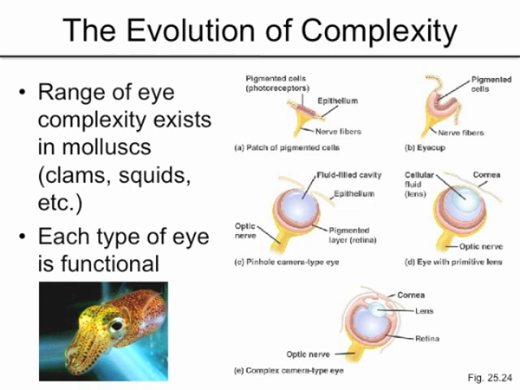Then maybe that patch of cells was sealed off and filled with fluid, and this fluid allows the organism to focus the light a little better, or have more contrast in what it sees. So now instead of light just being present or absent, it can see different levels of light, and it can tell some detail about things.